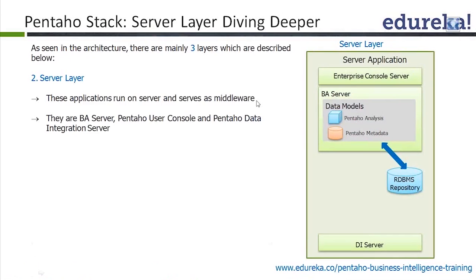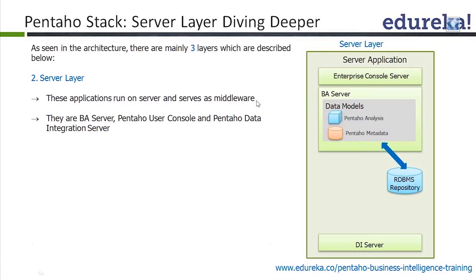The server layer is the middle layer, where you have a bunch of analyzer tools sitting, and these applications run on the server, which plays the role of middleware, like Pentaho Analysis, where you can have analysis tools up and running with continuous monitoring.